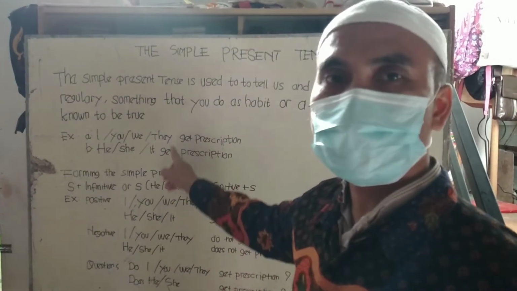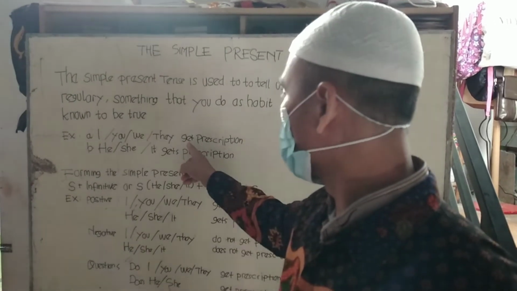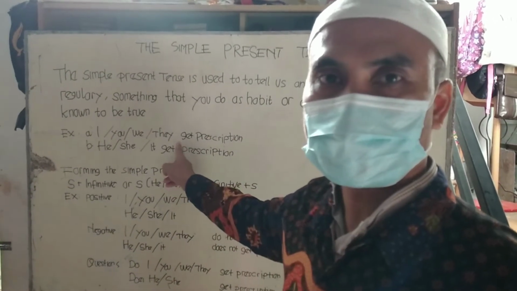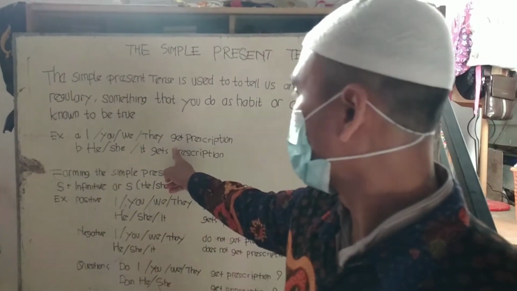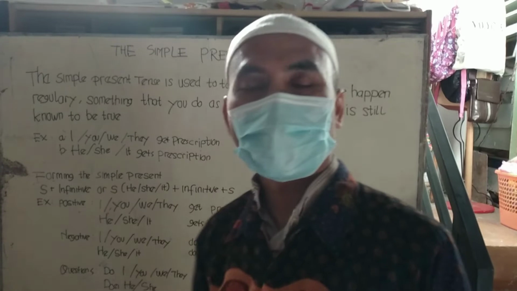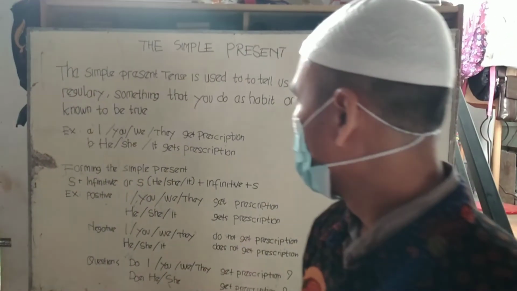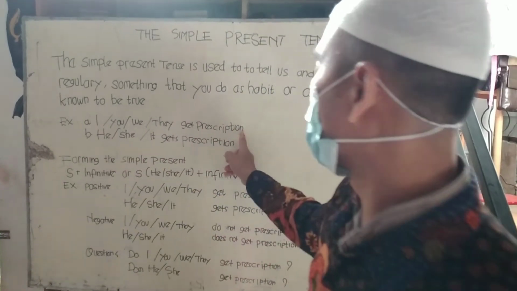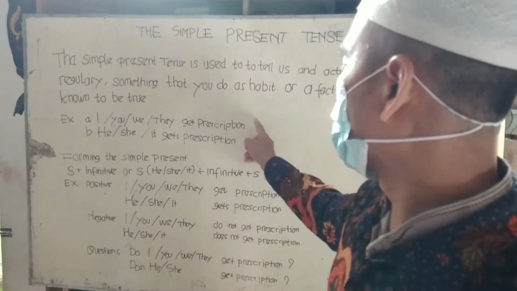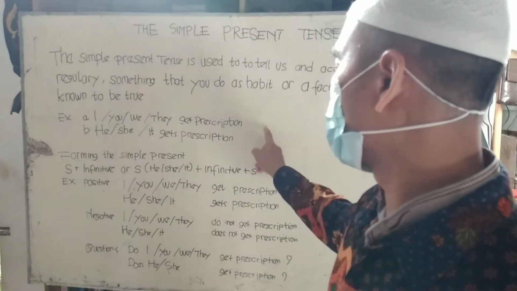One thing that you have to know, in using the verb, it must be verb 1. You cannot use verb 2 or verb 3 if you want to make the sentence in the simple present tense. Now, "I get prescription."